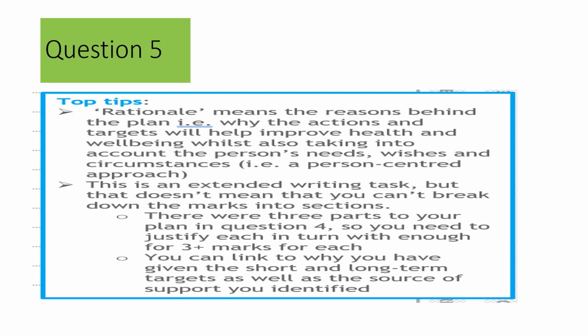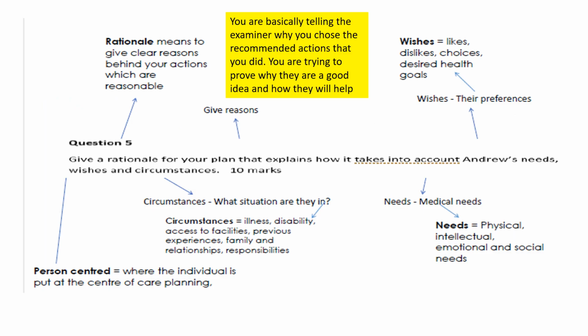There are 3 parts to your plan. And you'll need to justify in turn with enough for 3+ marks for each. To break it down, for this question, you are basically telling the examiner why you chose the recommended actions that you did.